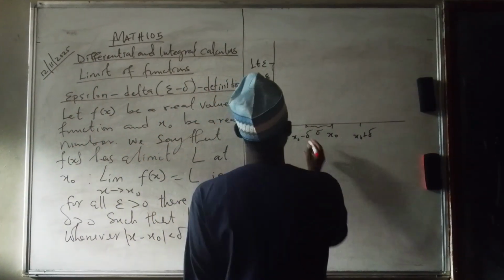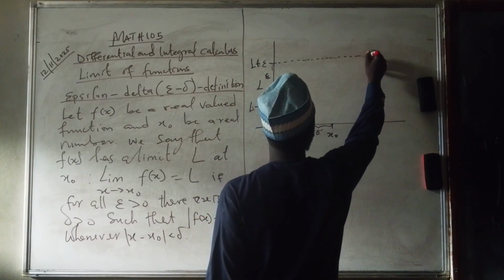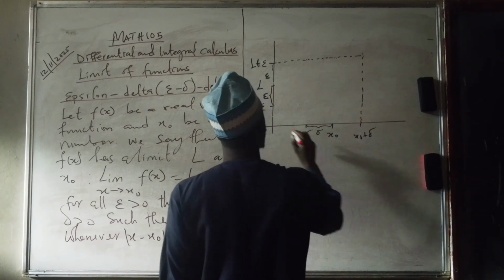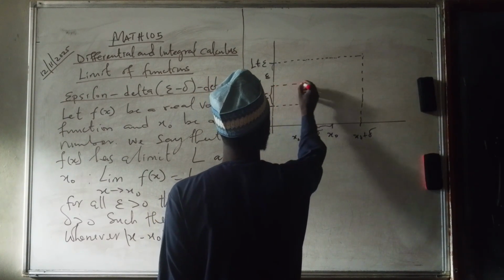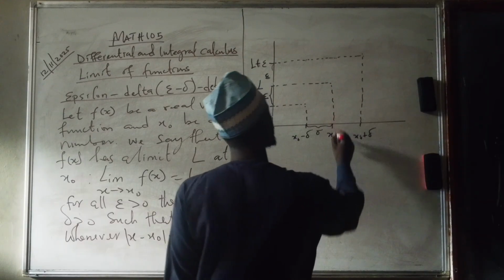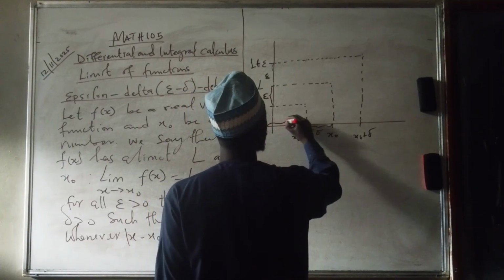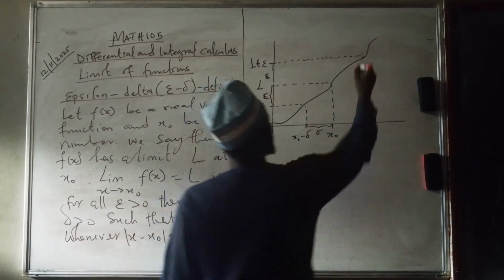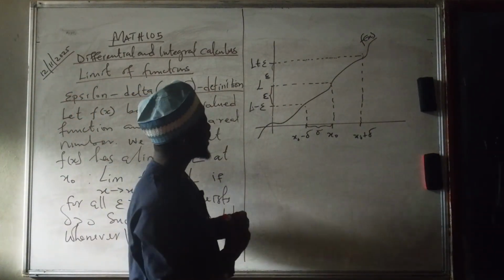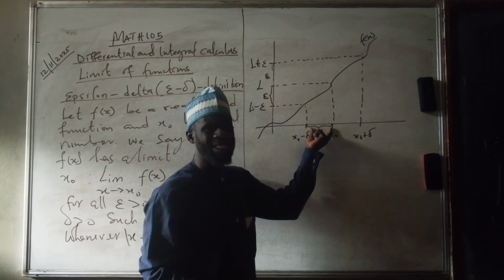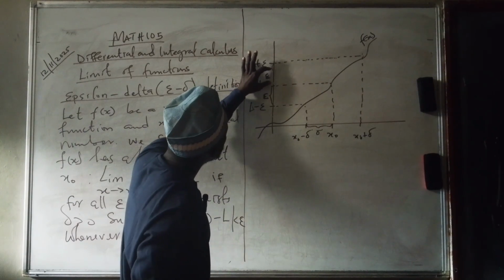So now if we plot some graph, we have something like this, and this is the graph of the function f of x. You see the delta we are referring to is a very small real number, and the epsilon is also a very small real number.